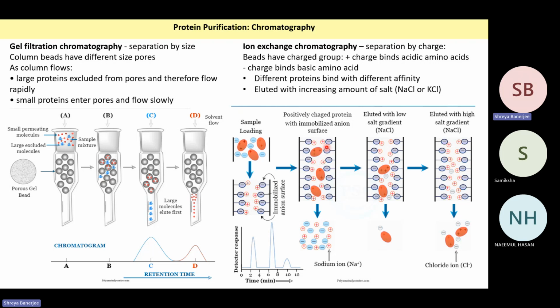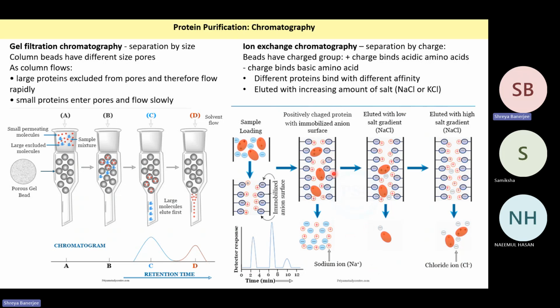By positive proteins I mean proteins which have more basic amino acids. You know, if there is a basic amino acid, there is positive charge. And by negative proteins I mean proteins which have more acidic amino acids, so the net charge will be negative. So suppose the surface of the column is negatively charged. In that case, the positively charged proteins will bind to the surface and the negatively charged proteins will get repelled out first.